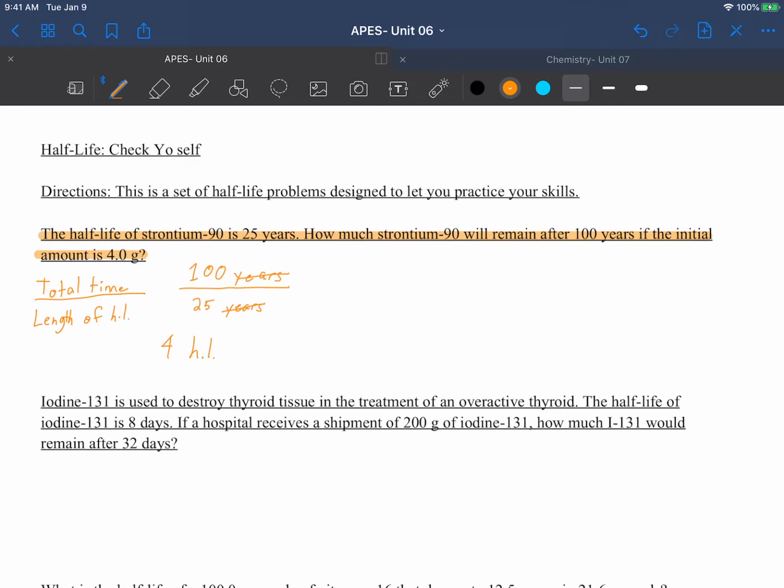This is where we start applying a wonderful table. We have mass, we have number of half-lives, and then we won't need it in this problem, but we will need it in future problems, fraction/percent.